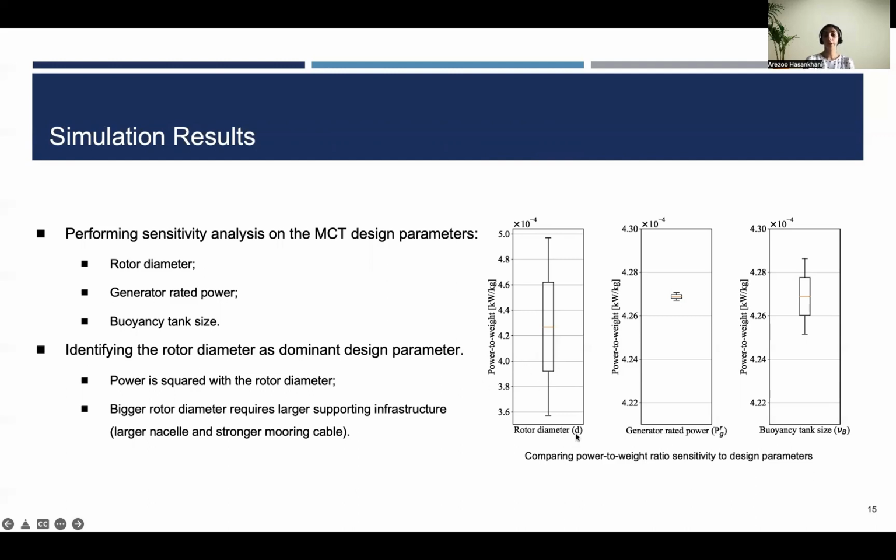So it's the dominant design parameter, and it is somehow obvious for us because the power is squared with the rotor diameter, and if we have a bigger rotor diameter, it requires larger supporting infrastructure, including a larger nacelle and a stronger mooring cable for our system.